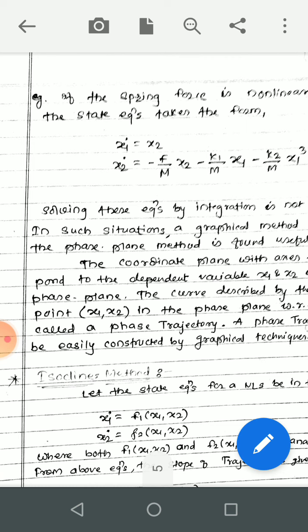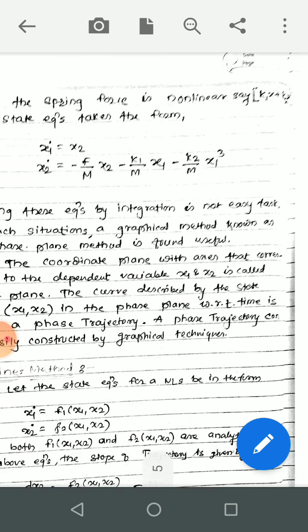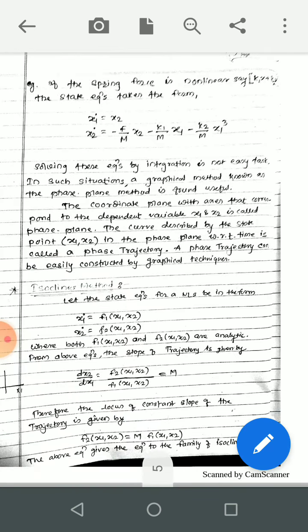So the coordinate plane with axes that correspond to the dependent variables x1 and x2 is called the phase plane. The curve described by state points x1, x2 in the phase plane with respect to time is called a phase trajectory.